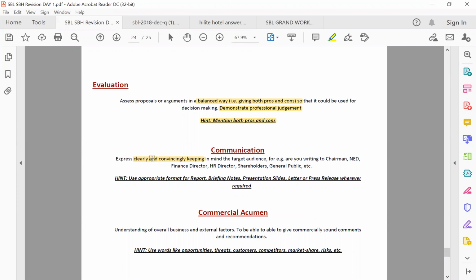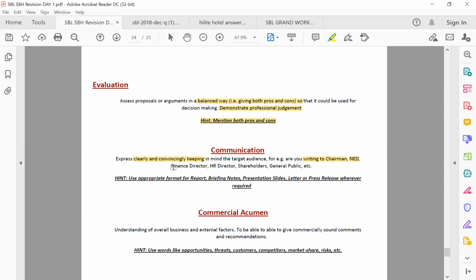For example, if you are writing to the chairman of the company, you need to use professional jargon and talk about the overall company situation, not about a single department's situation. If you are talking to the NEDs, you need to tell them about the EDs of the company.